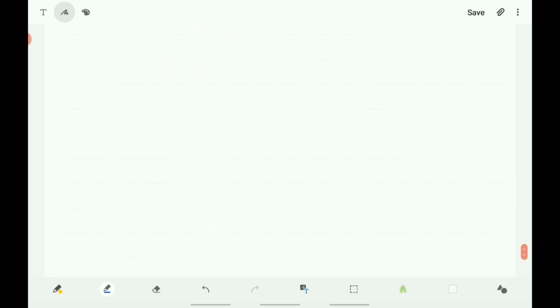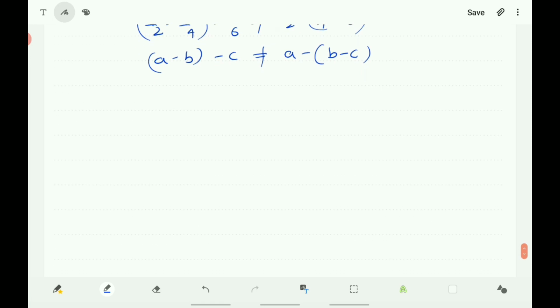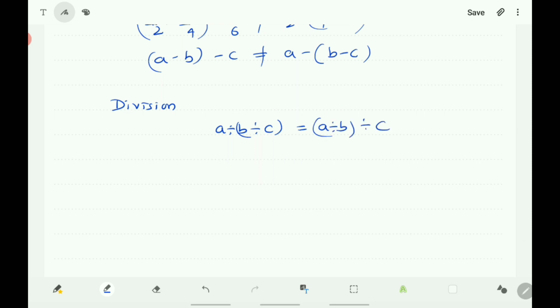Next, division. Let us check whether division is associative or not. The associative property of division becomes A divided by B divided by C is equals to A divided by B divided by C. So let us verify for the same numbers 1 by 2, 1 by 4 and 1 by 6.